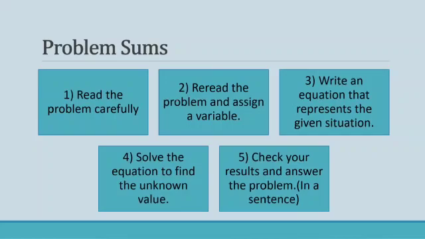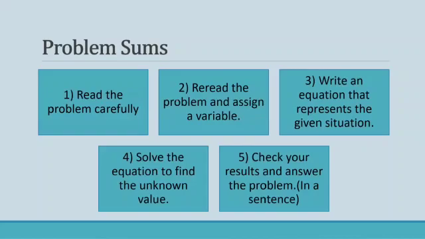Mostly we take the smaller value as the variable. Taking the same example, if you have the age of son and father, then obviously son's age would be lesser. So you will take the age of son as x or y or any variable, and then you will proceed further.